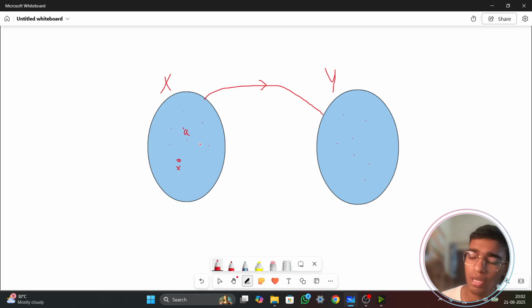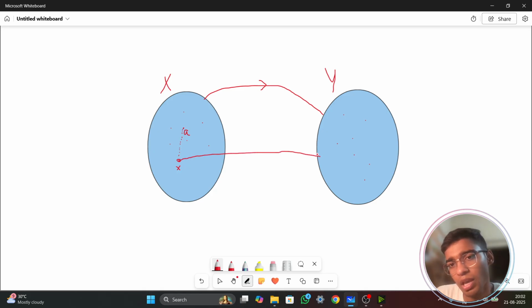So the definition of continuity, the limit definition I'm talking about, says that whenever x tends to a, whenever I'm moving towards a, I would be getting for my x an equivalent f(x) in my Y set, which would be my range set.